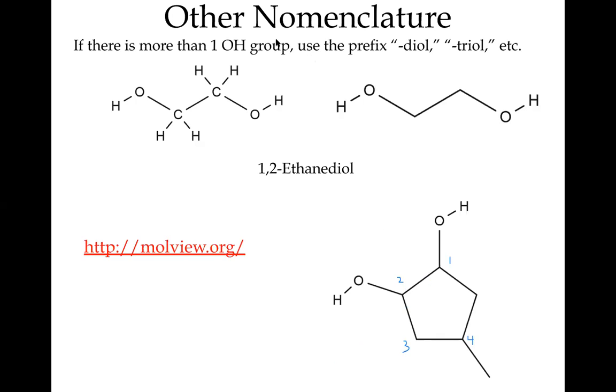Okay, and so we would name this as, what was it? We said it's a cyclopentane. We take off the E, but we don't add -ol, we add diol because there are 2 of them.